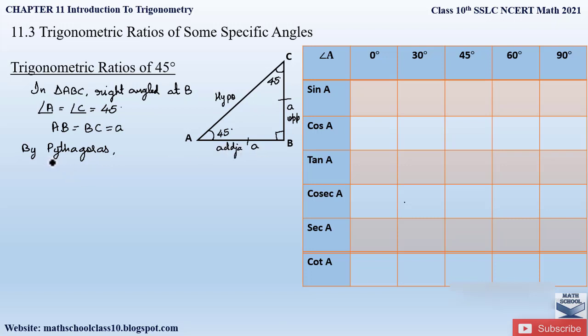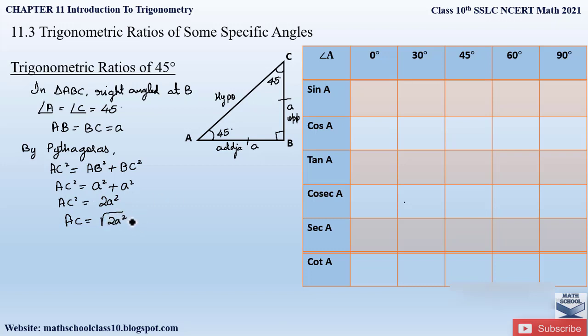By Pythagoras theorem, we have the hypotenuse square, that is AC square, equal to the adjacent side square, that is AB square, plus the perpendicular square, that is BC square. So AC square is equal to A square, the value of side AB, plus A square, the value of side BC. So AC square is equal to 2A square, or AC will be equal to square root of 2A square.